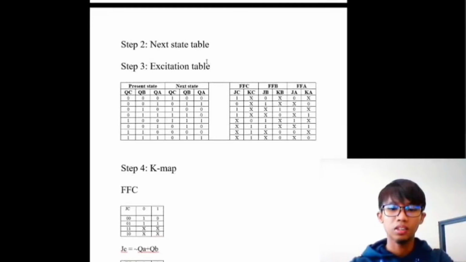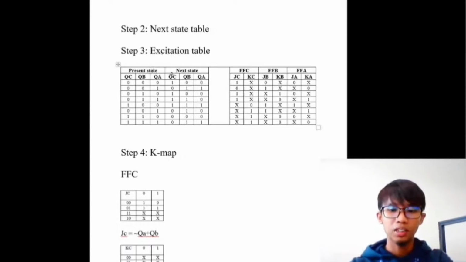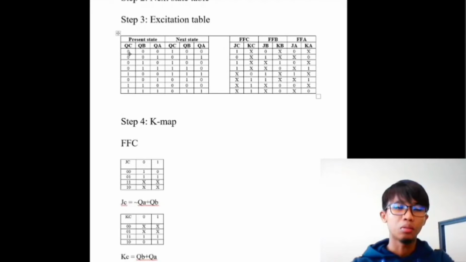For the second step, which is the next state table, there we can see the present state and next state in this table. The present state will change into a next state by referring to the state diagram. For example, the present state will follow the sequence 000, 001, which are 0, 1, 2, 3, 4, 5, 6, 7.